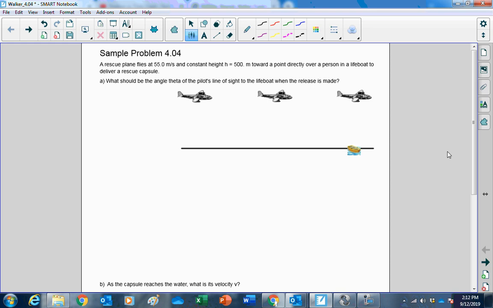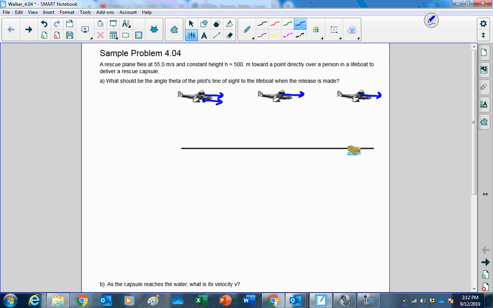And so when that happens, this capsule, maybe it's like some relief supplies, like a first aid kit or something. Because the plane is moving sideways, so is the capsule.